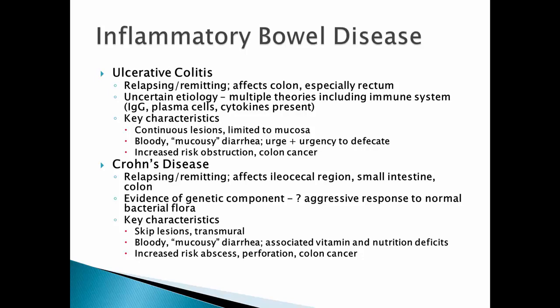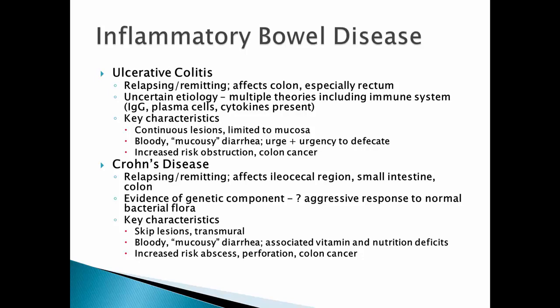Some of the etiologies that we continue to investigate include an immune system link, and probably this is most likely where the basic pathology is. So if you did some lab work on someone with ulcerative colitis, you would see some of your inflammatory markers certainly elevated.